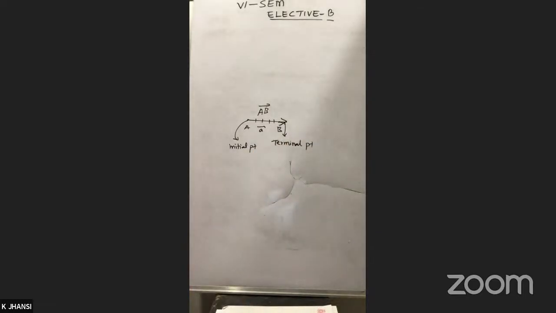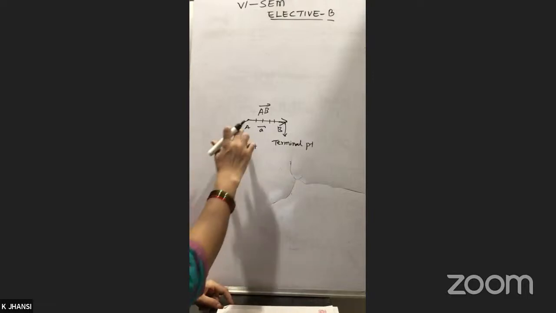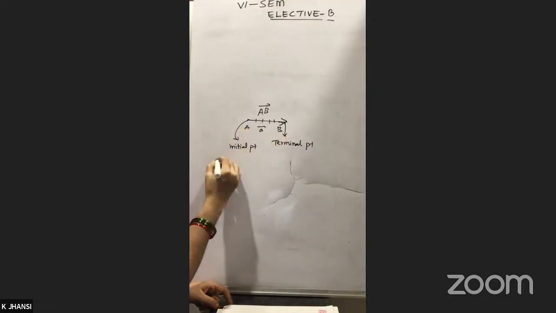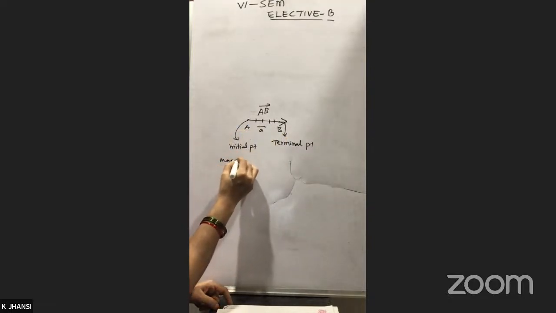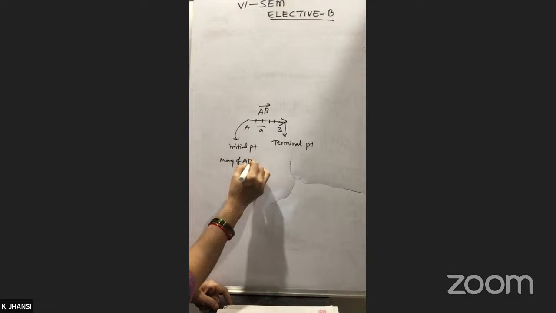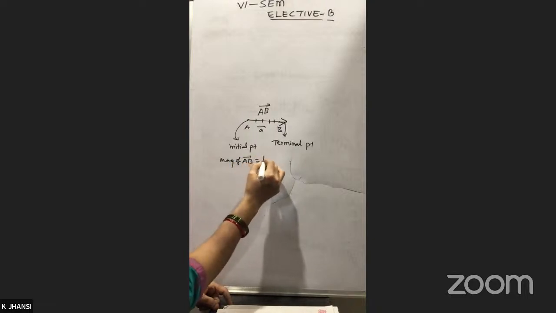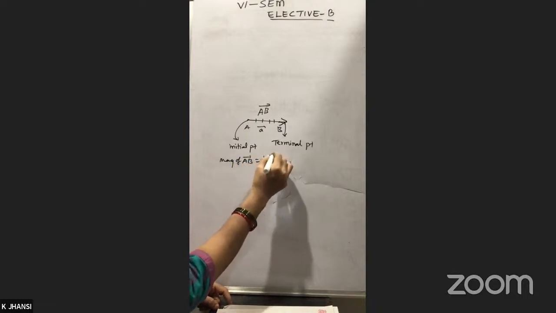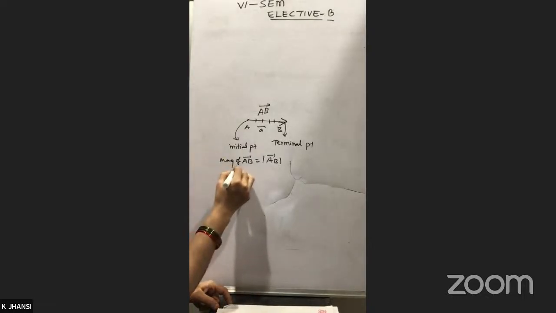Okay. So magnitude of AB: just now we have seen the magnitude or length of AB. This line segment length, or magnitude of AB, we write as the modulus of AB.